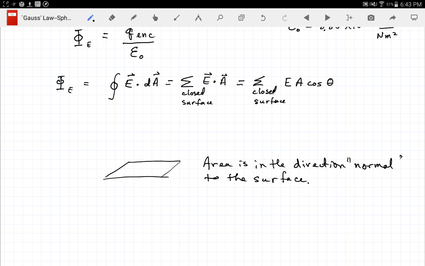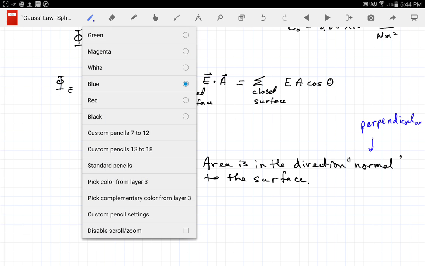Now, I have noticed that our textbook actually replaces the word normal with the word perpendicular. Technically, that's not an appropriate change, but that's what our textbook does. To find the normal, you take every possible line that you could draw in that plane, and you find the direction that is perpendicular to all of those lines and coming out of the surface.